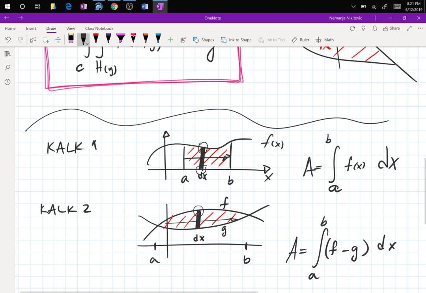So this is the way I always set up the integrals. I take a look at the top of the rectangle, the bottom of the rectangle, top minus bottom, and then obviously left and right is the movement.